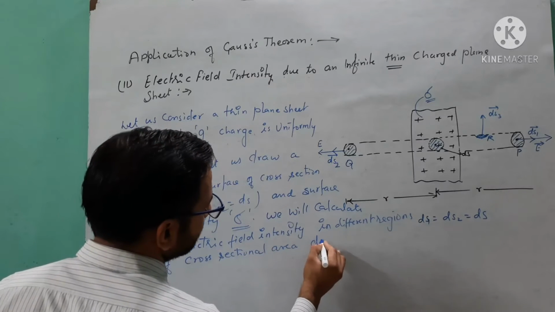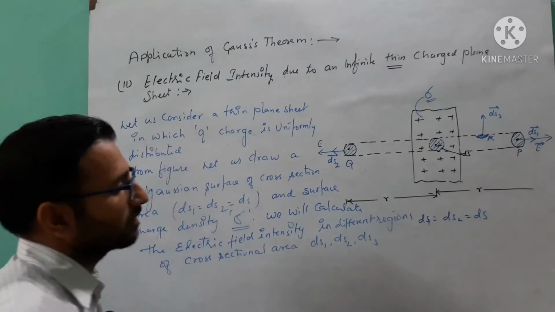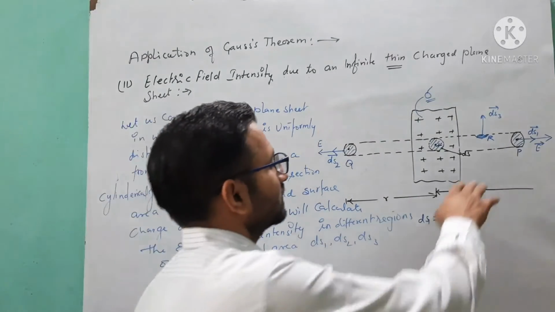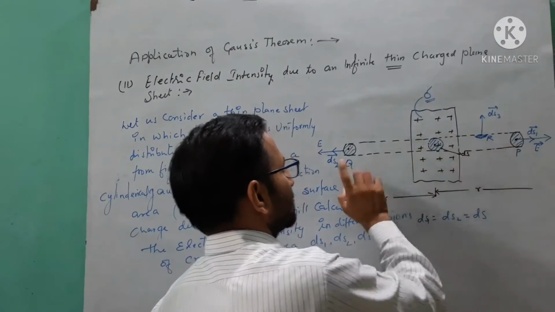You can see here ds1, ds2, ds3 also. So we will calculate the electric field intensity in different regions, student. Here this is surface area region, cross section area region, both.